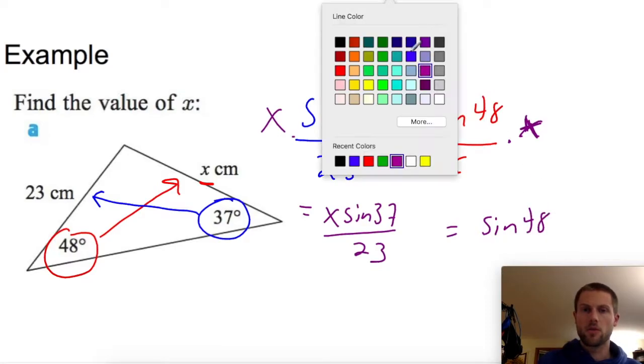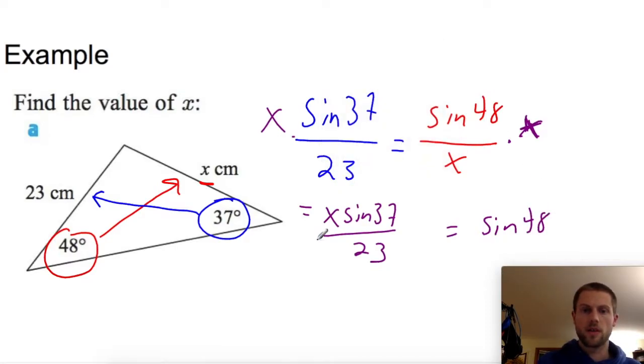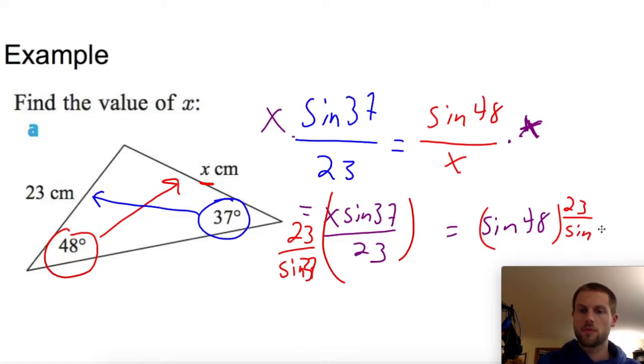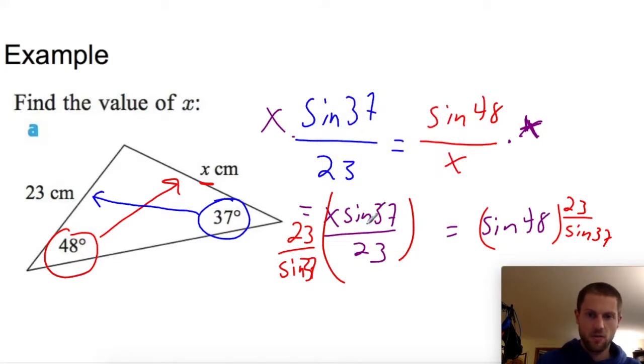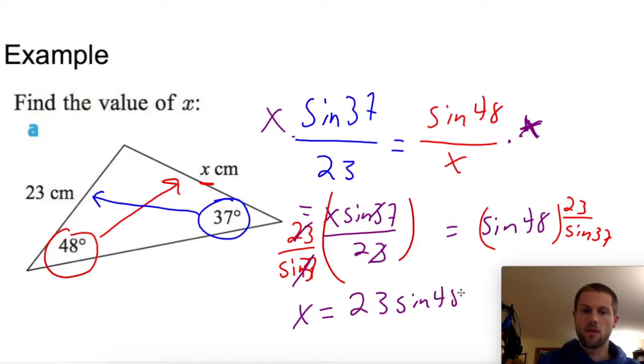Then I can multiply both sides by 23 over sine of 37, so that the sine of 37 and 23 cancel, and I get x equals 23 times the sine of 48 all over the sine of 37.